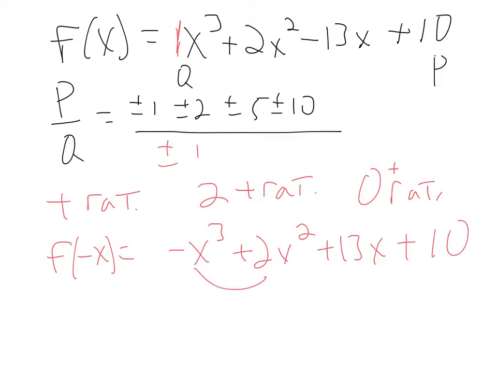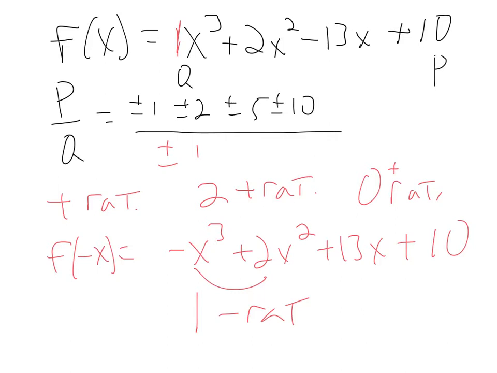So I'm only seeing 1 sign change here. So that tells me there's 1 negative rational root. I can't reduce that by 2. So there is definitely one negative rational root, and there could either be 2 complex or 2 rational. That'll make a total of 3 using the fundamental theorem of algebra.